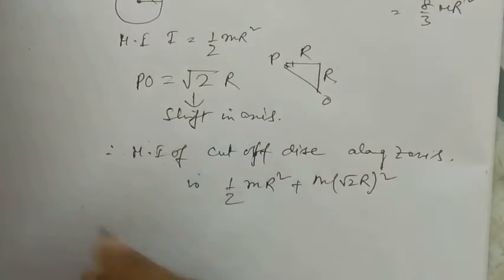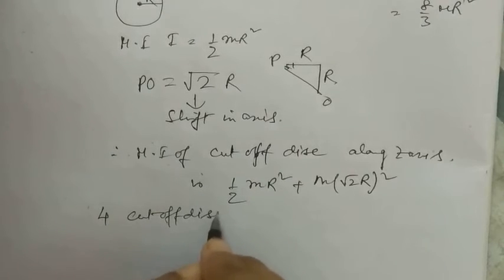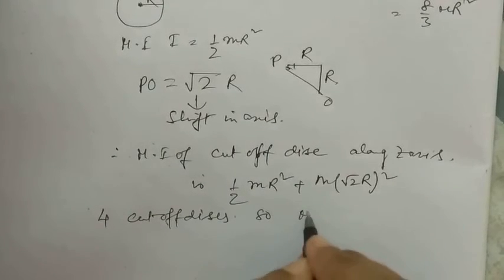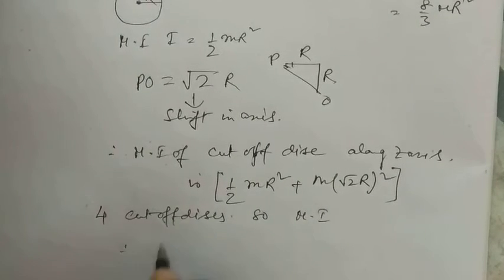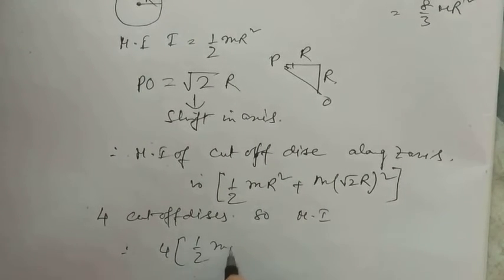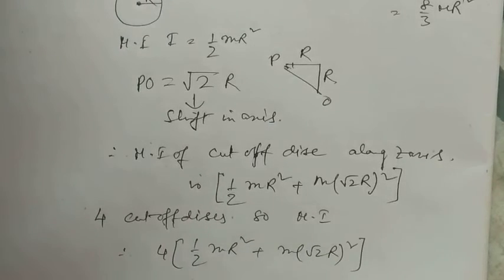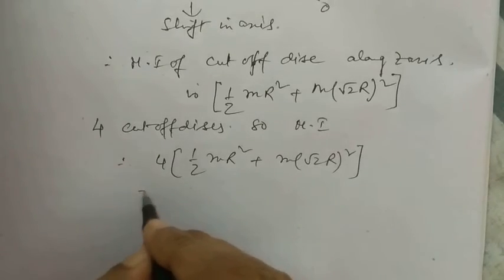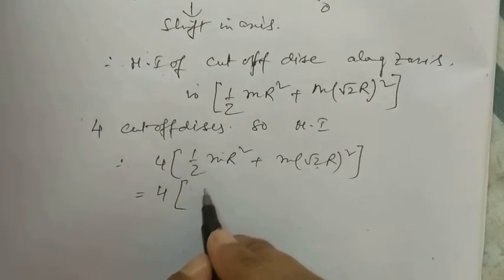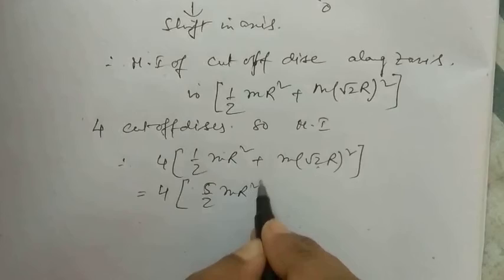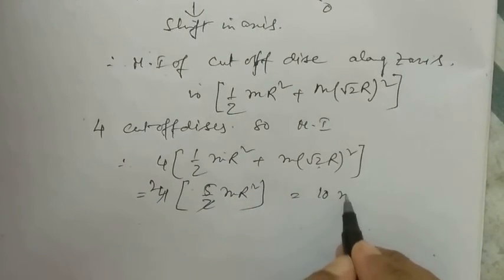Now there are 4 cutoff discs, so this value becomes 4 times: 4 into half mr square plus m into 2r square. By calculating this value we get half mr square plus 2 mr square, so it becomes 5 by 2 mr square. Multiplying by 4, the 2 gets cancelled, so it is 10 mr square.